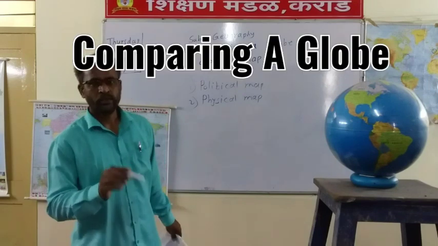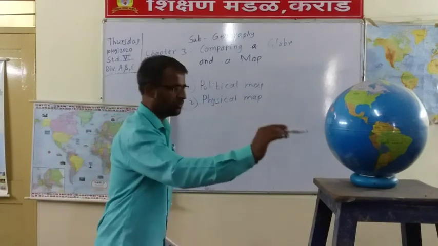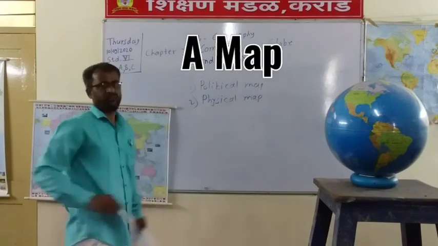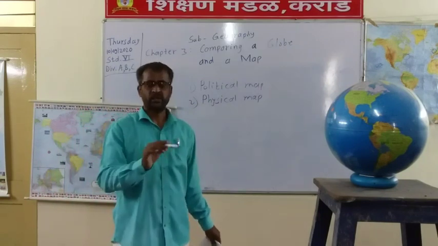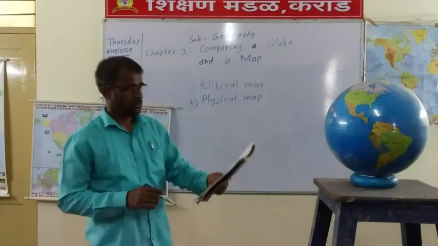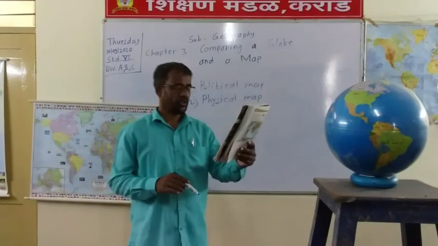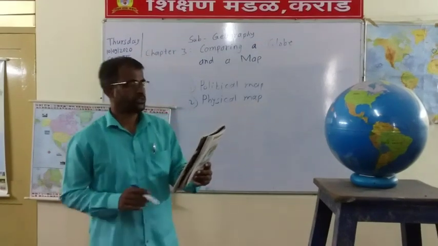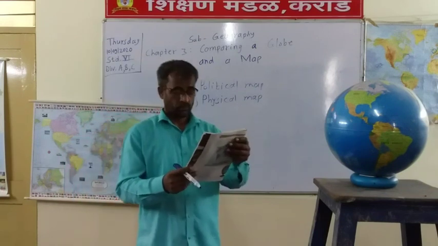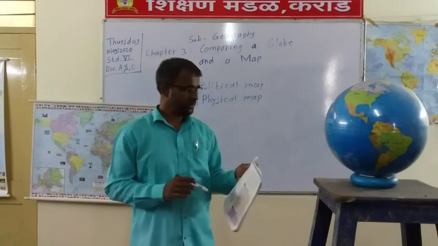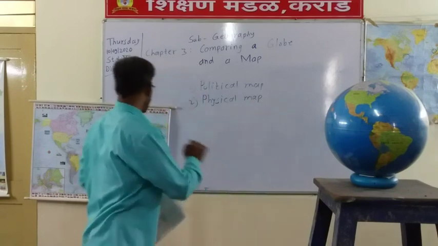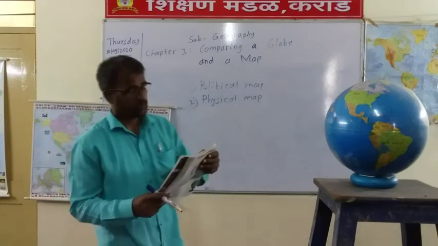And now we are going to compare a globe and a map. For understanding, there are similarities and differences. Now take out your textbooks and turn to page number 17. Using the given questions on this page, we will compare a globe and a map.